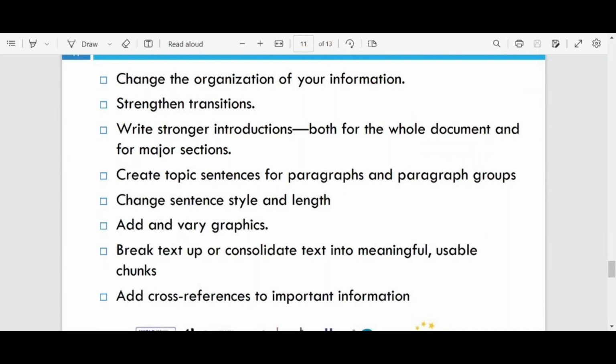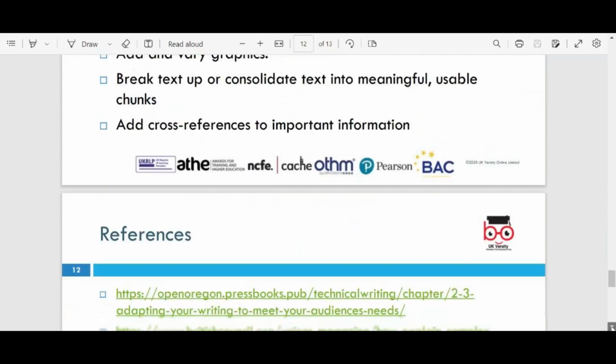So try to get your audience involved by asking them questions, asking them if they understand things. So oral presentations are very important in any session.